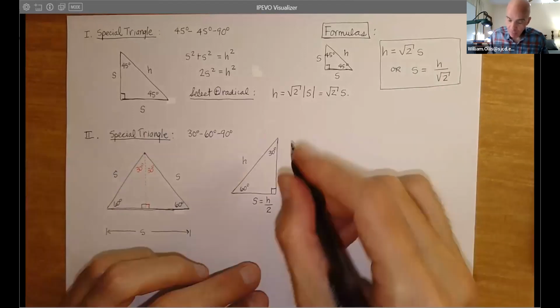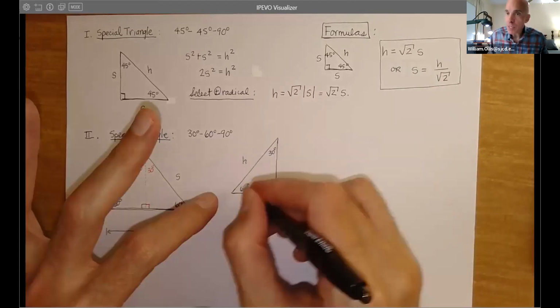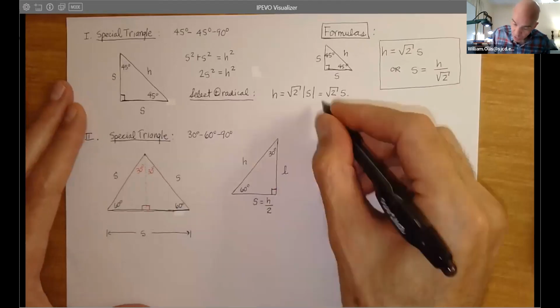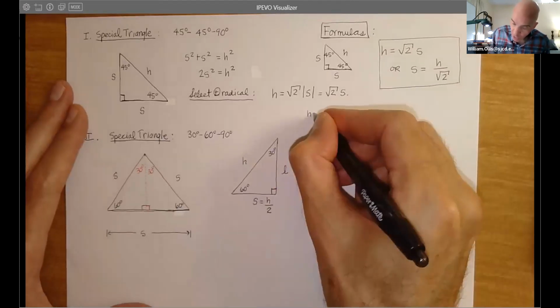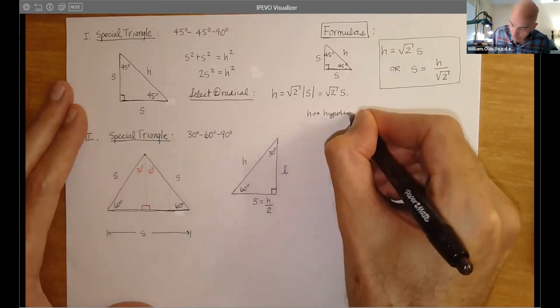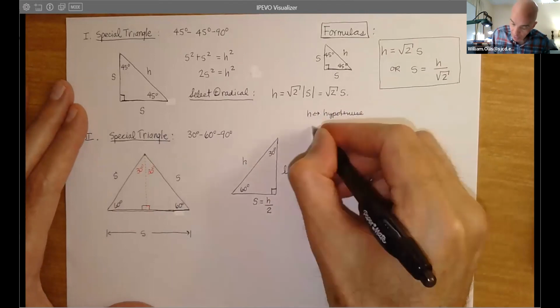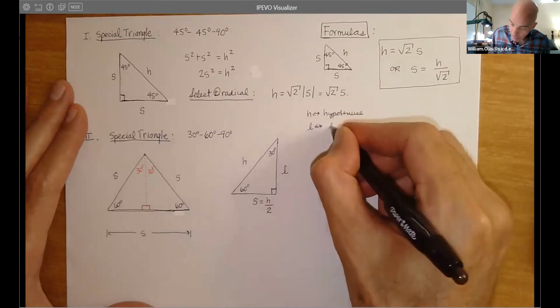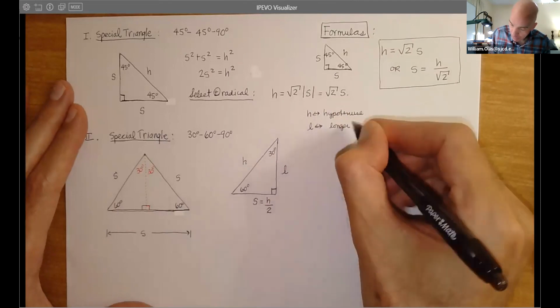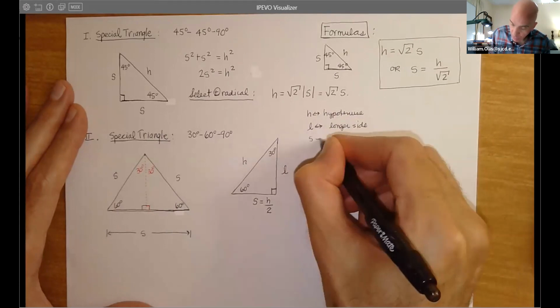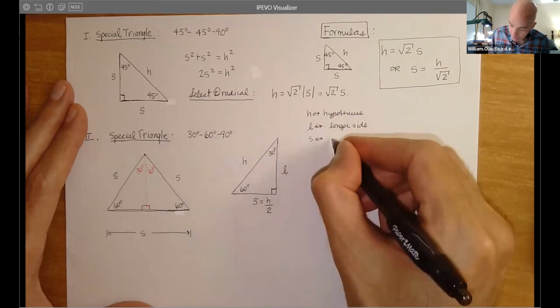And so now, again, the angle opposite the larger angle, we will call L for longer. So we'll say H corresponds to hypotenuse, and we'll say L corresponds to longer side, and S corresponds to shorter side.